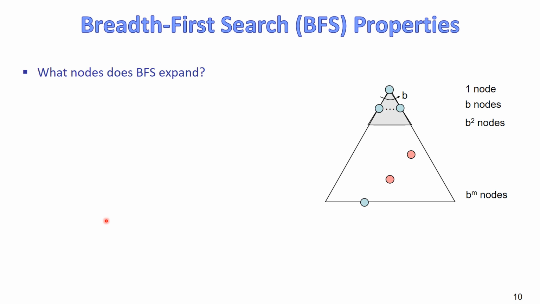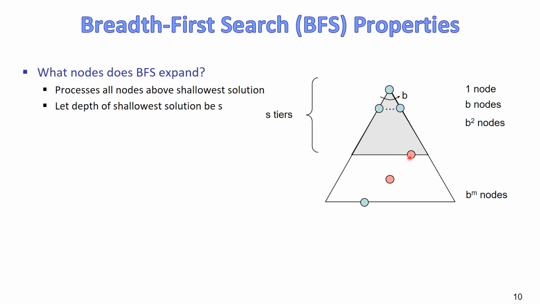If we assume that the shallowest solution is at tier S, then the number of nodes that we process until we reach that solution will be 1 plus B plus B squared up to B to the power S, which means that the complexity is dominated by B to the power S. So that search will take order of B to the power S, where S is the tier of the shallowest solution. So that's in terms of time.